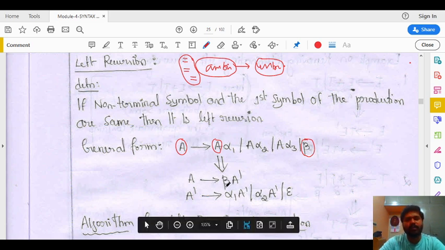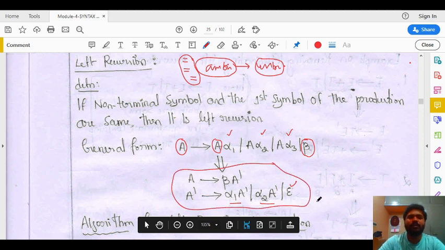So A tends to beta A dash, and A dash tends to whatever I have left off: alpha 1, alpha 2, alpha 3. So A dash tends to alpha 1 A dash, alpha 2 A dash, and A dash can also be epsilon. So this is my grammar which is free from left recursion.